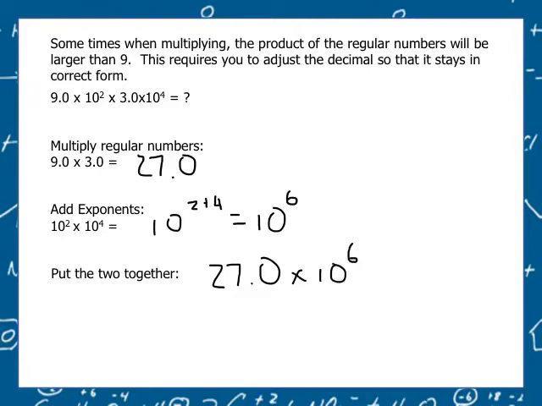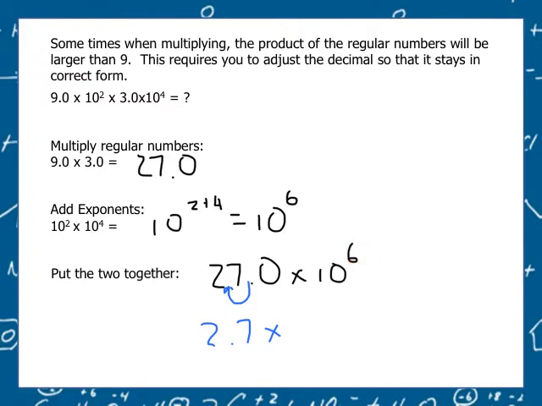Now your calculator would recognize that. That's a true mathematical statement. It's the same as the correct answer, but it's just not proper scientific notation. So what we need to do, because we have two numbers in front of the decimal, we need to move the decimal one place over. So we're now going to be 2.7 times, and since we move the decimal, we need to adjust our exponent.